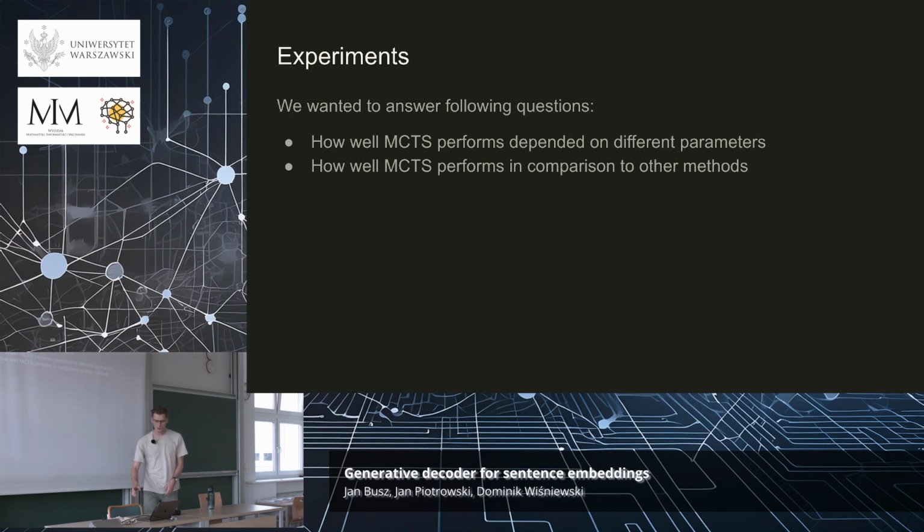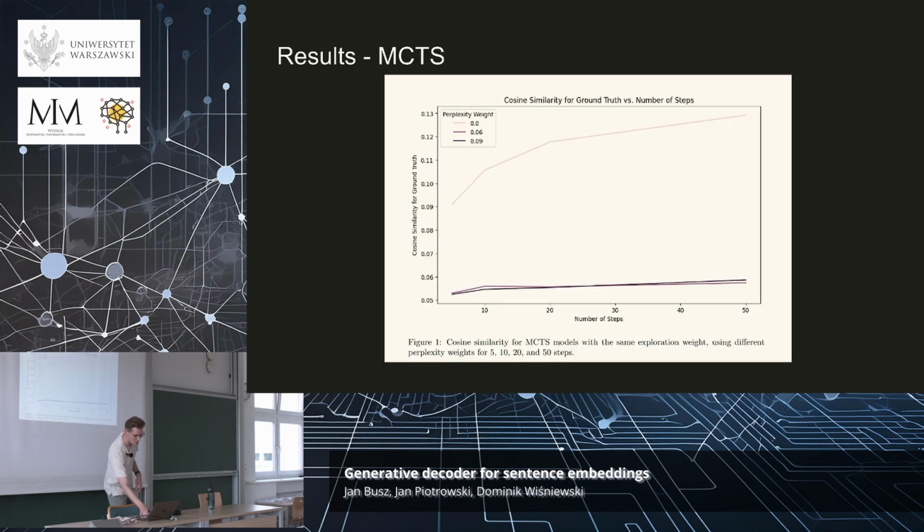The experiments that we wanted to perform were, to begin with, to check how MCTS performs depending on different parameters, and of course the second one, the difference between models. And we can see the results. On the x-axis we have the number of steps. On the y-axis we have cosine similarity to the ground truth. And we see that the model with 0 perplexity weight is the best.